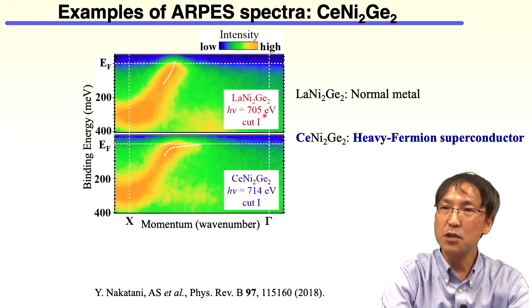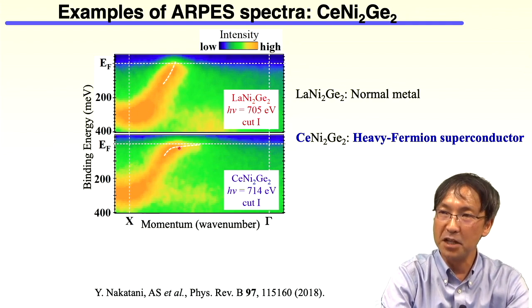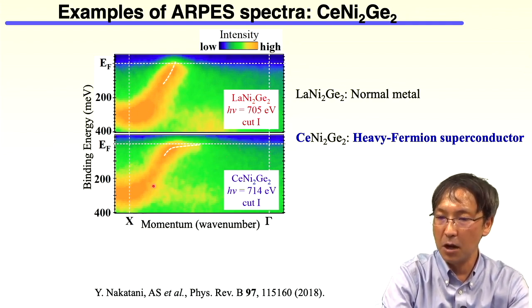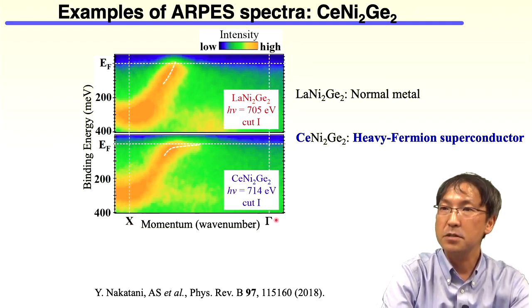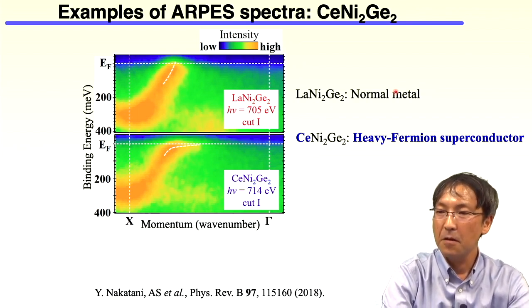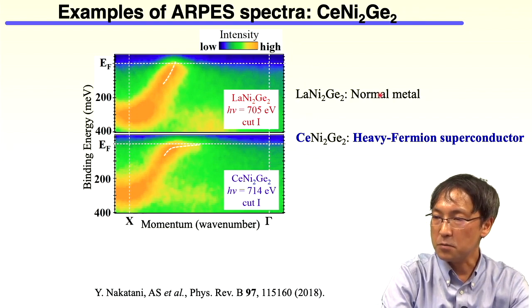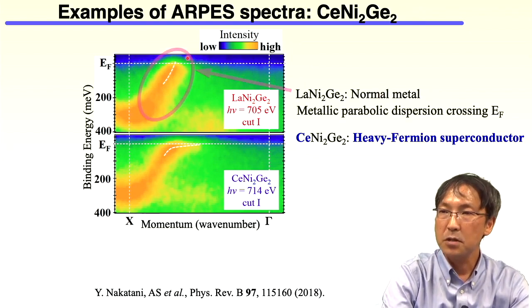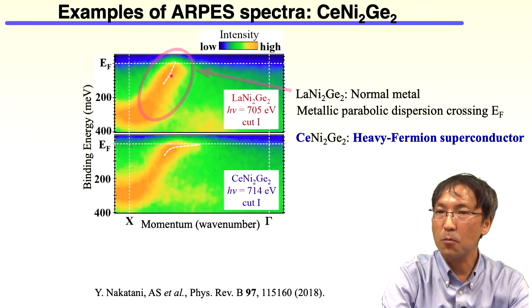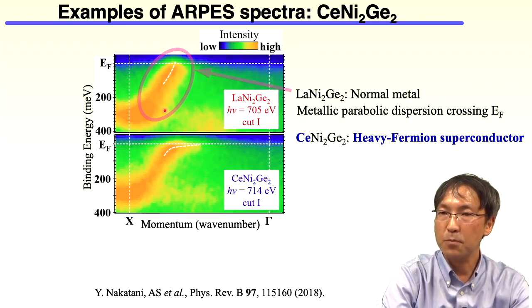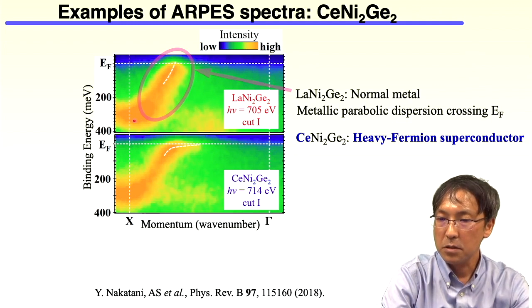The intensity maps as a function of binding energy and momentum along the X-gamma direction for both compounds are shown here. For LaNi2Ge2, a dispersion similar to that of the free electron band crossing the Fermi level is seen with the band bottom at the X point.